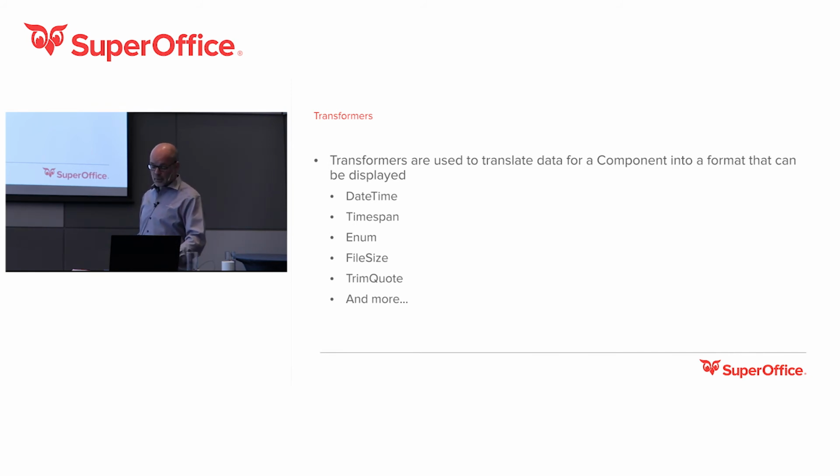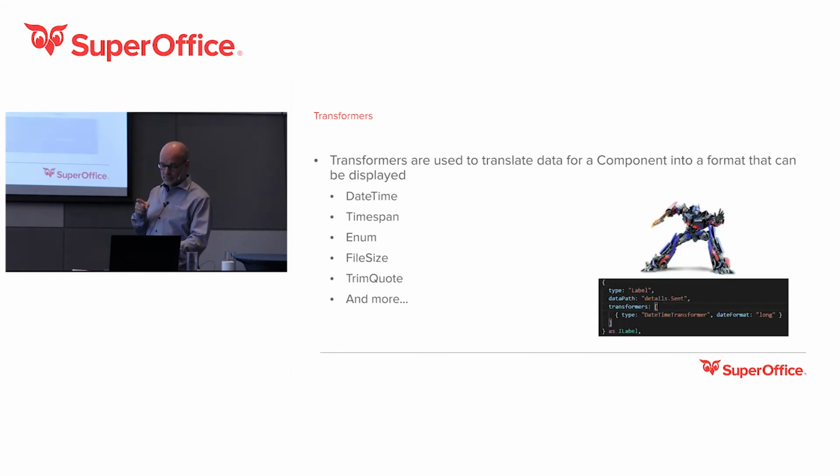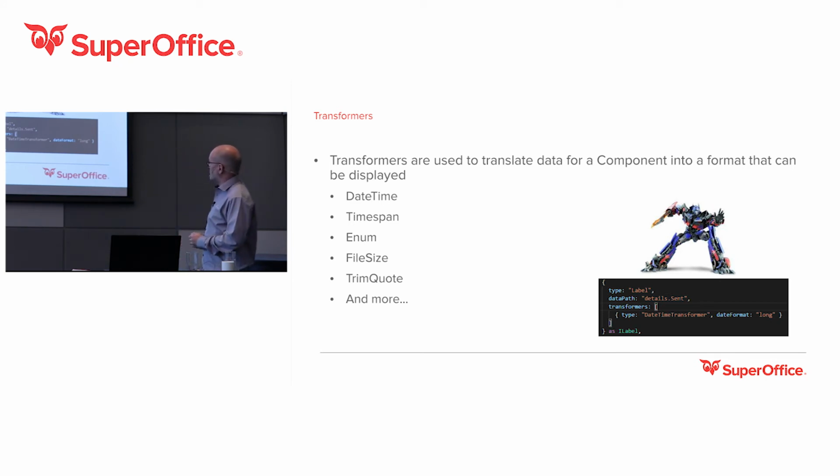They transform the data to the component and back. So what you do is you have your component, you bind to the data, and you add a transformer, and you say, I want the date time transformer, and I want the date format to be long, and then you get a long date. You have a different set of transformers, and it's very easy peasy.